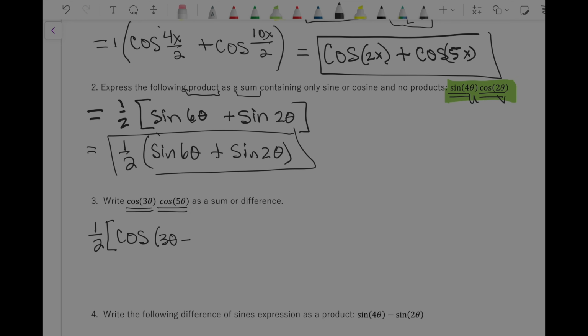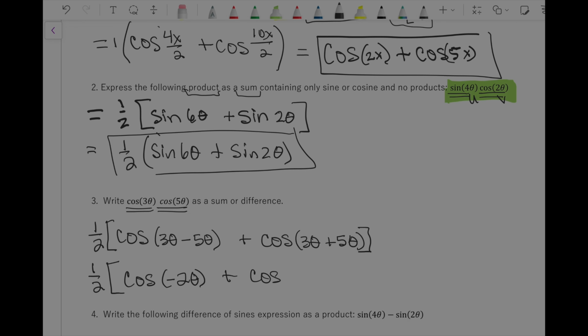U minus V plus cosine U plus V. This will be cosine negative 2 theta plus cosine 8 theta.